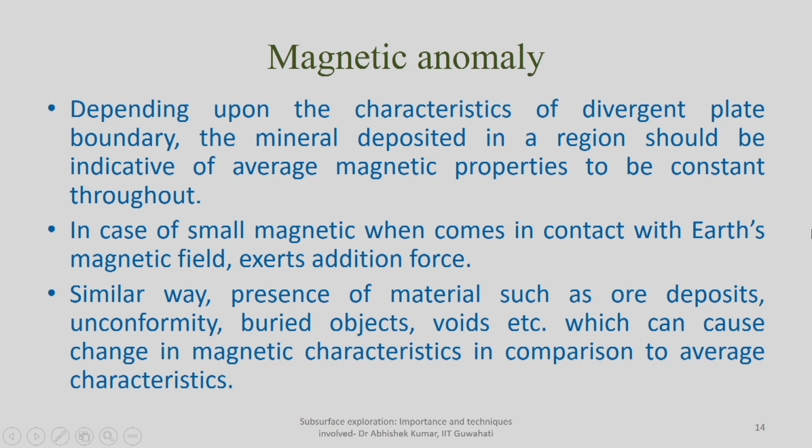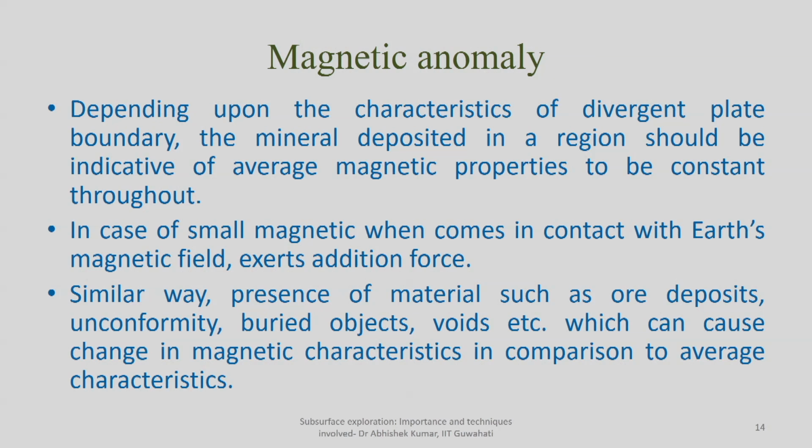Now, we are interested in magnetic survey. One is that as a geologist or sedimentologist, you can understand the magnetic characteristic of the medium on an average, depending upon when it was subjected to which kind of magnetic pole configuration. Based on the deposition and configuration, you have on an average the medium characteristic in terms of its magnetic properties.